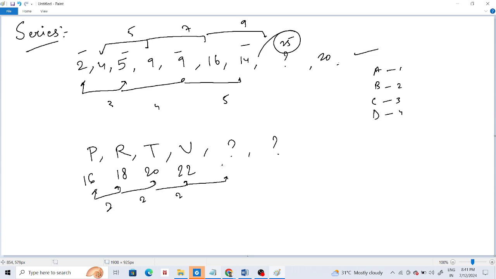What about the next one? 24. What about the next one? 26. So what will be 24? X, Y, and then Z. So the answer is X Z. Understood, Shritama? Yes, sir. Ishika, of course you understood.